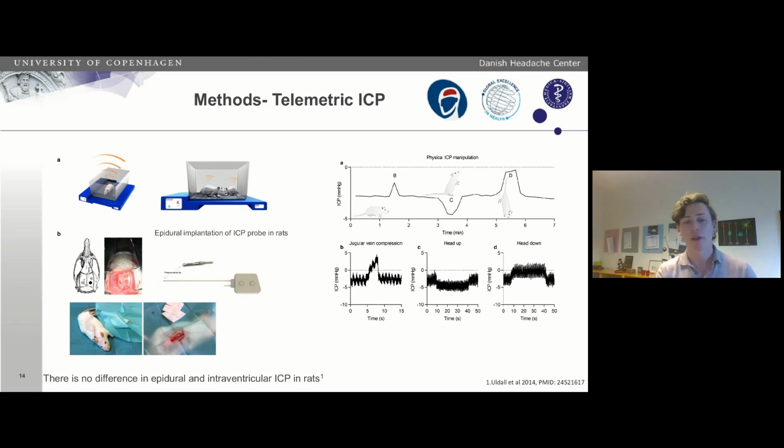And what you can see on the right-hand side is just a few examples of the pressure measurements, sort of validating that it works. So a jugular vein compression, which is essentially a Valsalva, increases intracranial pressure, and manipulating the rat's orientation in space can modulate the intracranial pressure as well, in line with what gravity does.